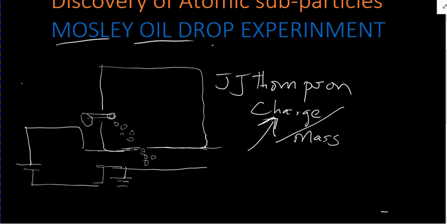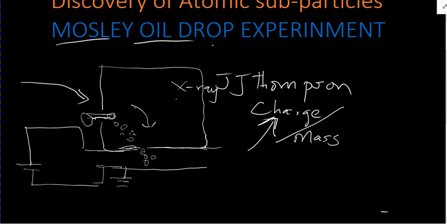Now this is just a simple schematic diagram of the setup of the oil drop experiment. The oil is poured into a chamber, and it is ionized in this chamber. Now how is the oil ionized?